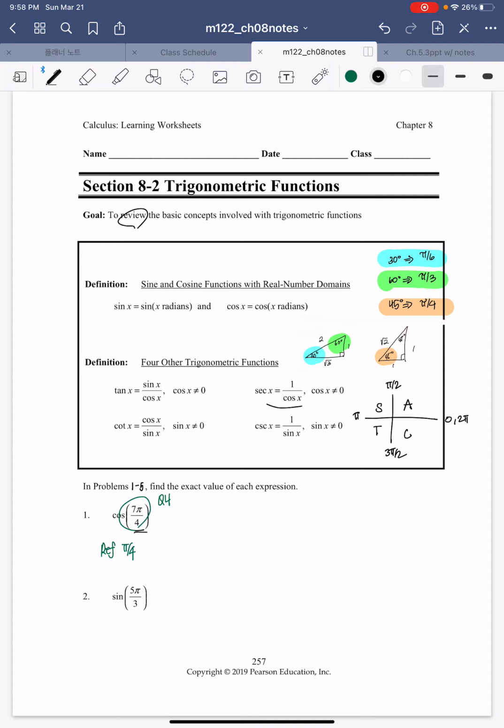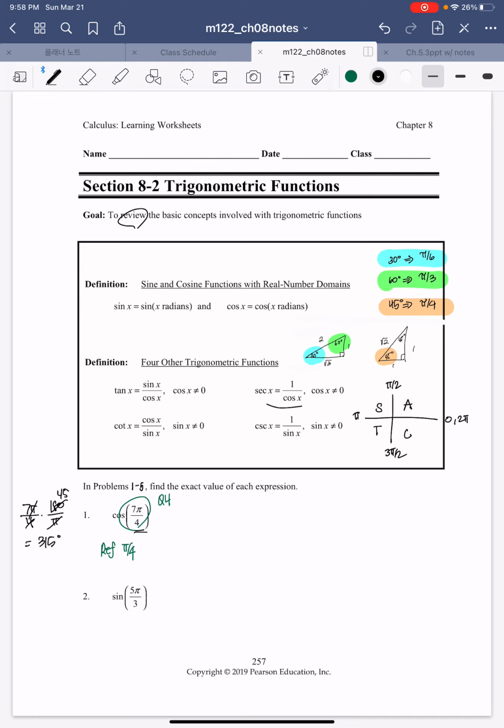If you have a hard time imagining it, do some side work. We reviewed this in 8.1: just change to degrees and see which degree it is. So you do pi over 180, the pi's cancel out, 180 divided by 4 is 45, and 45 times 7 is 315.